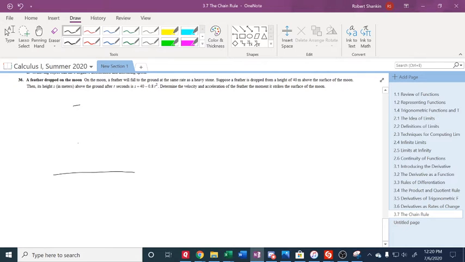And from here to here, it's 40 meters. And its height s is 40 minus 0.8 t squared.